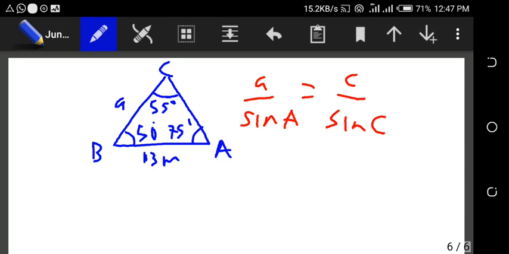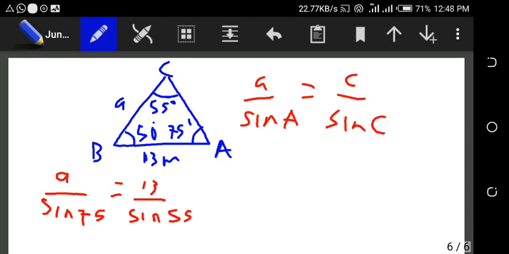So going ahead to put in the values, a over sine A is sine 75, because A is 75 degrees. So a over sine 75 is equal to c is the side facing us here, so that's 13. Remember that the small letter stands for the side, over sine C. In this case, C is 55 degrees, so that will give us sine 55 degrees.